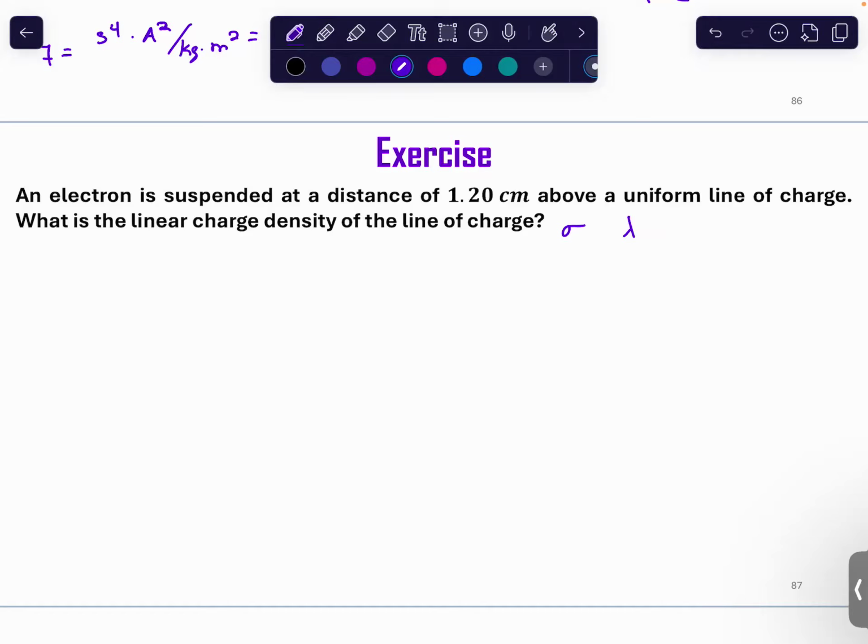And so if surface charge density is charge per unit area, linear charge density is what? Yeah, charge per unit length. So let's take a look at what this looks like. So we'll draw a wire. We know this is just a portion of the wire. And draw my electron.